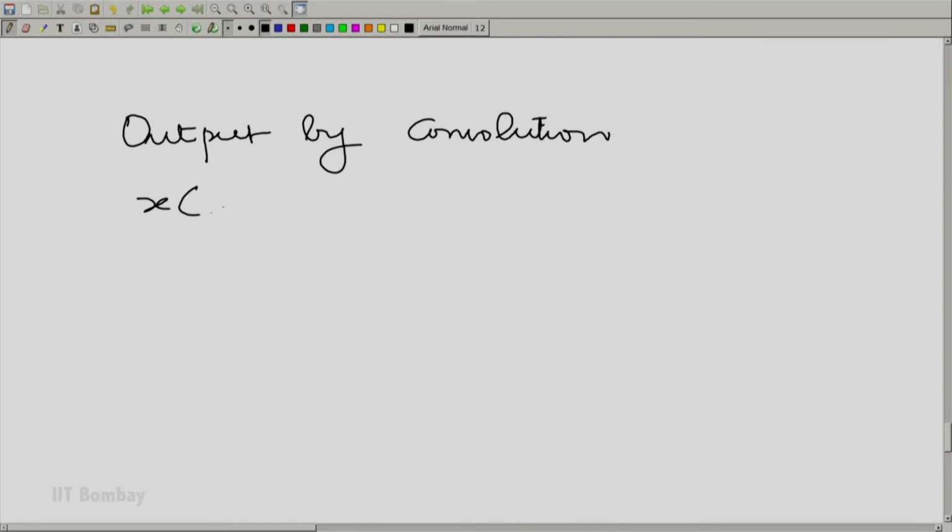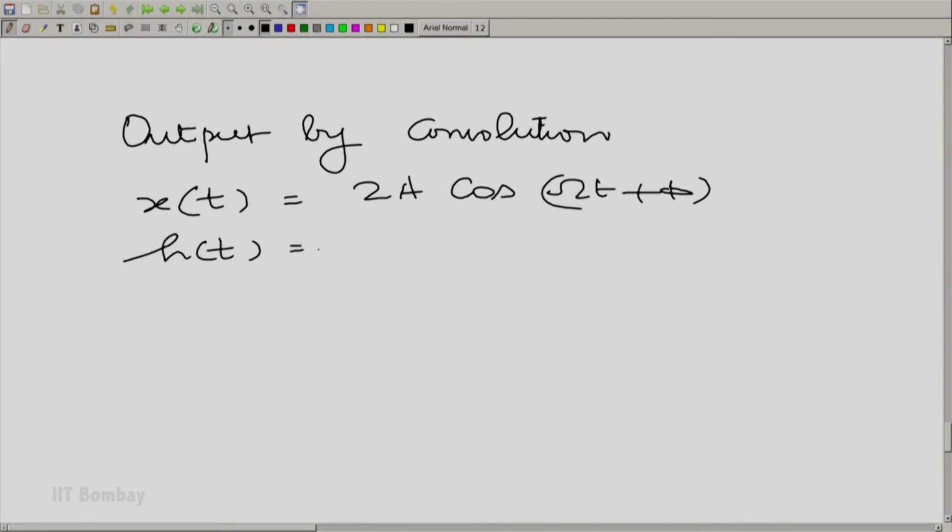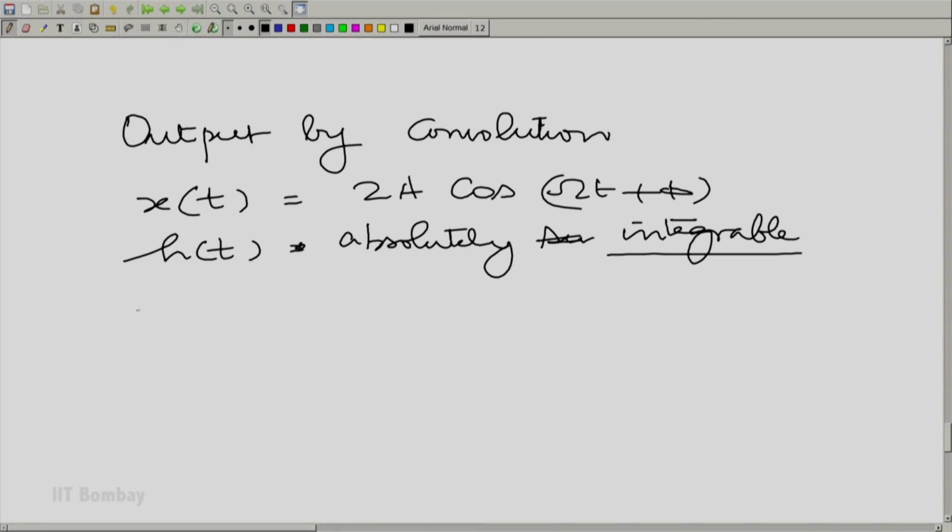So, output by convolution, the input x(t) is 2A cos(ωt + φ). The impulse response is h(t). Of course, h(t) is absolutely integrable, to be more precise. Let us find the output.